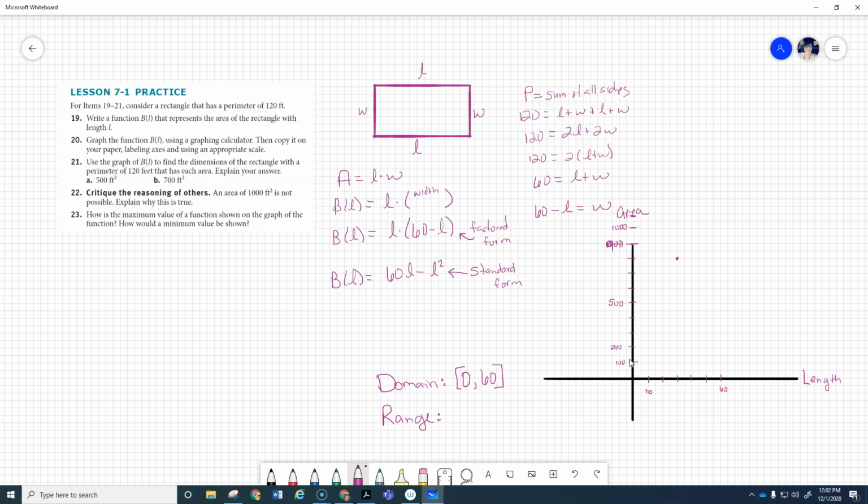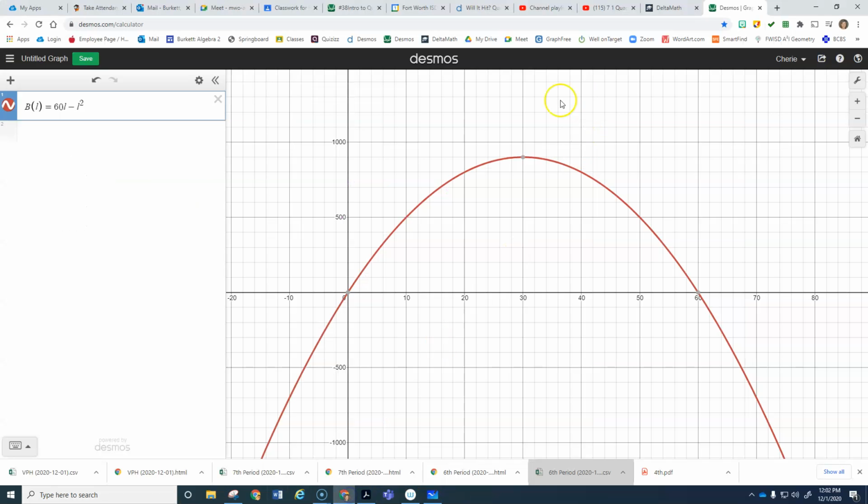Okay, so I have that dot in the wrong place. And that dot would be at 900. And then 2,800. And then 4,800.